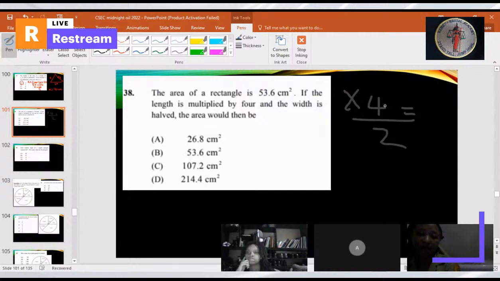If we're multiplying by 4 and dividing by 2, we're actually multiplying by 2. So 2 into 4, it would be twice the area of the rectangle.